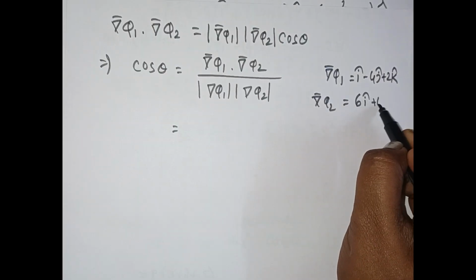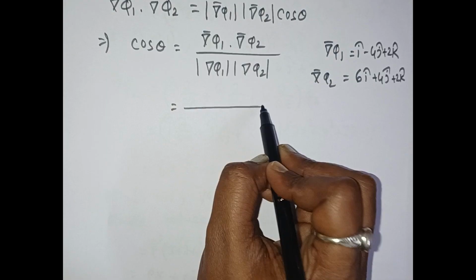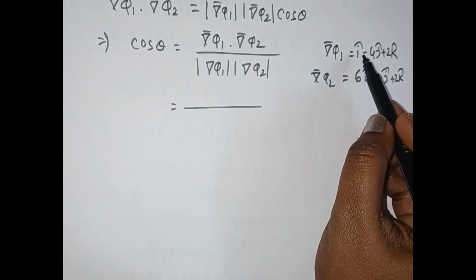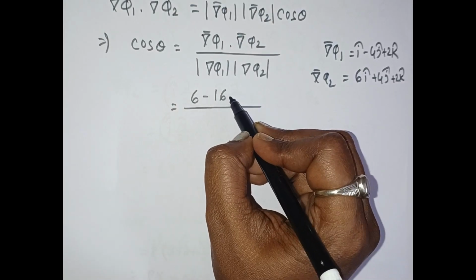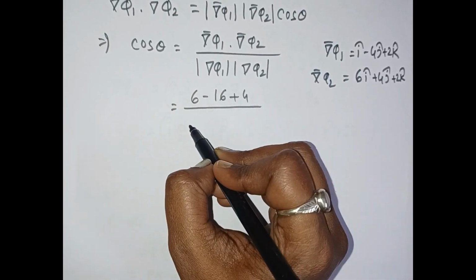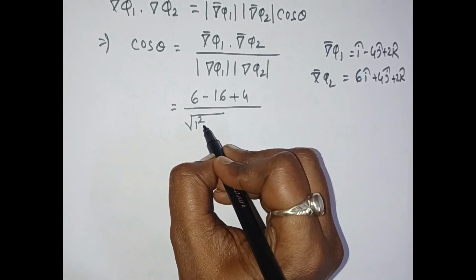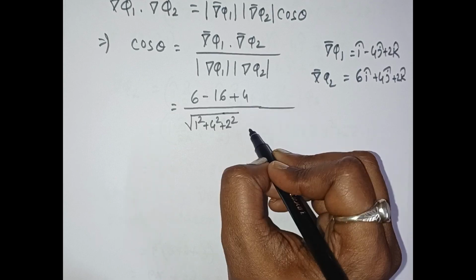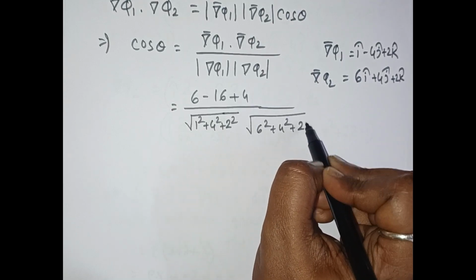The dot product will be component-wise multiplication, that is 6 minus 16 plus 4, divided by root of 1 square plus 4 square plus 2 square, and 6 square plus 4 square plus 2 square.